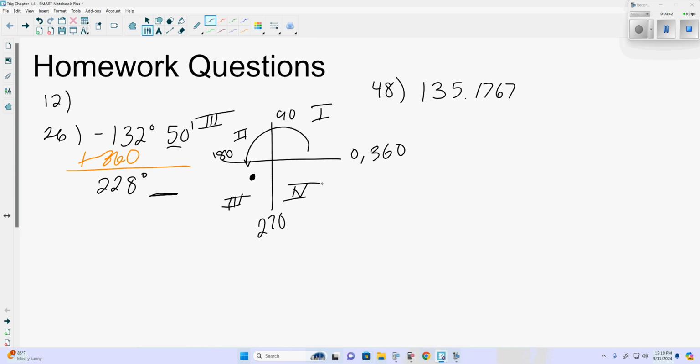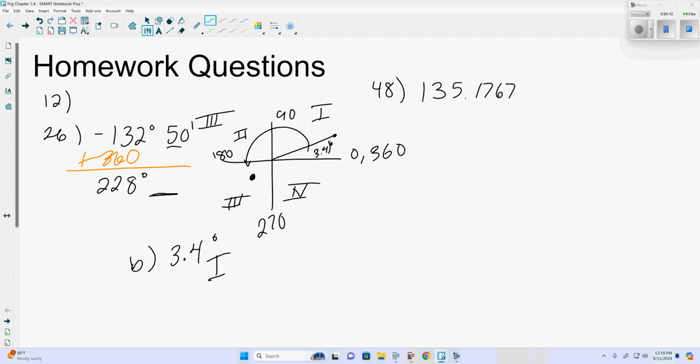So part A of 26 is the third quadrant. Part B is 3.4 degrees. Well, the 3.4 degrees would just be right there.